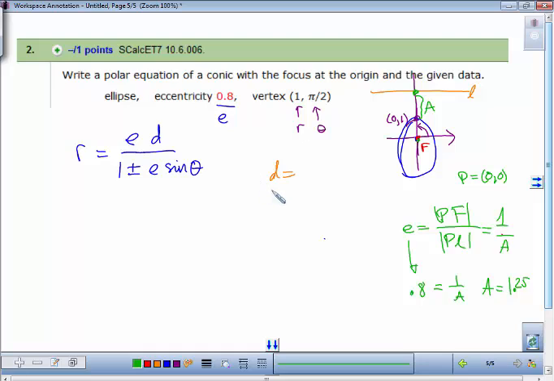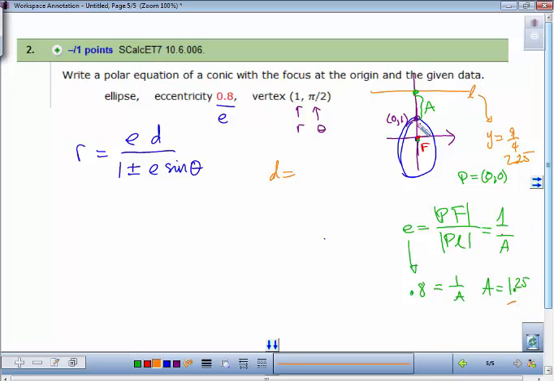Is that our directrix d? What's our directrix d? It's 9/4, or add 1 to your A, right?